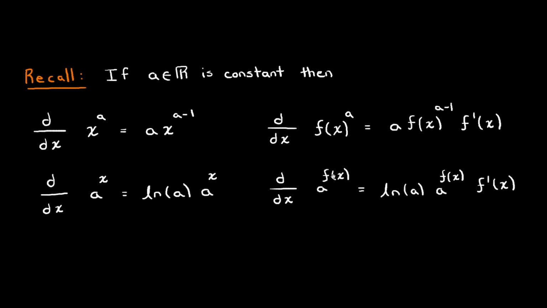So a raised to the power of f of x, and we just have to apply the chain rule. So the derivative of a raised to the power of f of x is just a raised to the power of f of x multiplied by the natural logarithm of the base, but then by the chain rule we have to multiply by the derivative of the exponent, which is f prime of x.